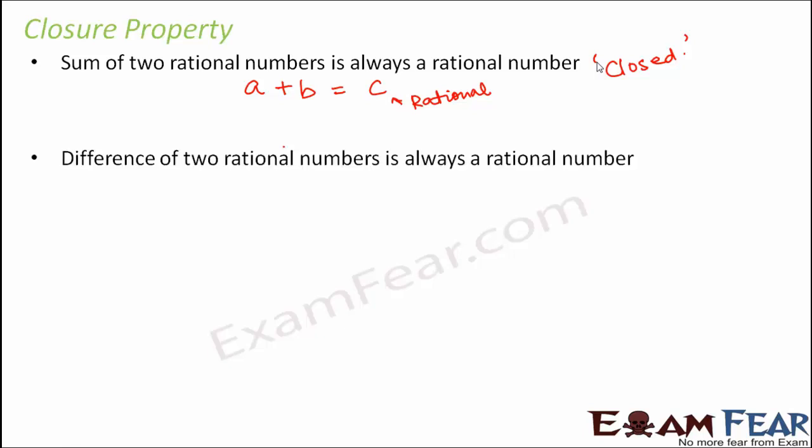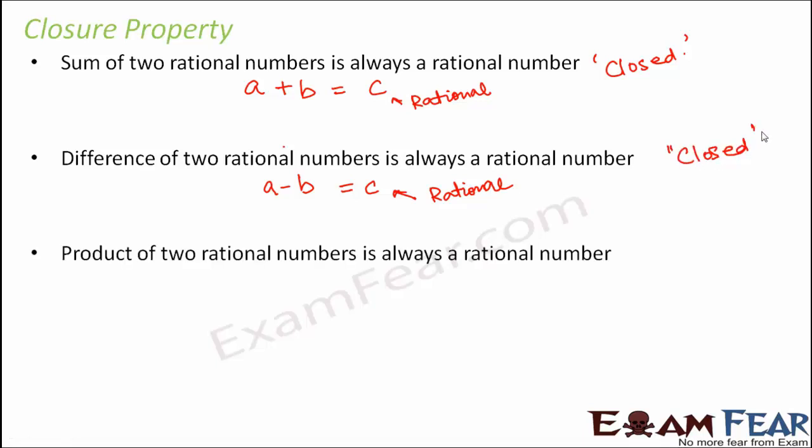Similarly, when you talk about the difference, that is subtraction, when you subtract two rational numbers, whatever you get is always a rational number again. So we say that rational numbers are closed under subtraction as well. When you talk about the product, when you multiply two rational numbers, you again get a number which is also a rational number.